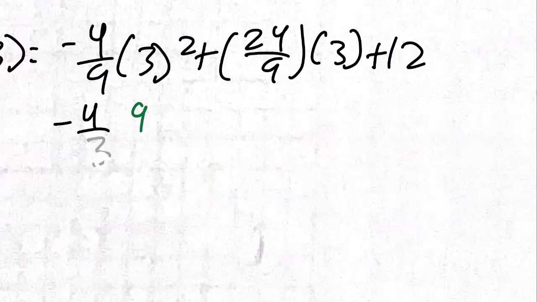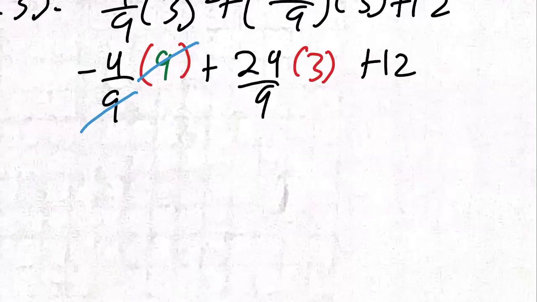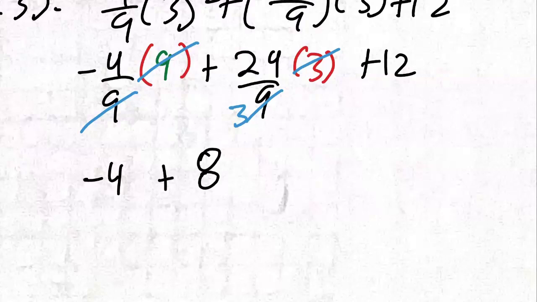When you multiply any fraction by its denominator, they just cancel out, so you're left with negative 4 for the first term. 24 over 9 times 3: these are both divisible by 3, so you're left with 24 divided by 3, which is 8, plus 12.